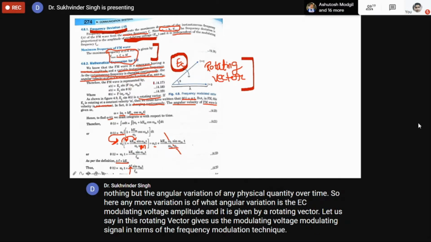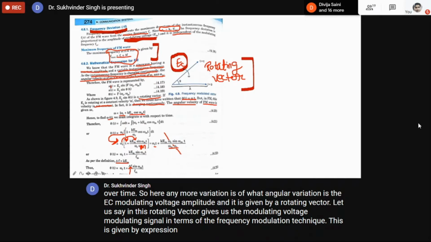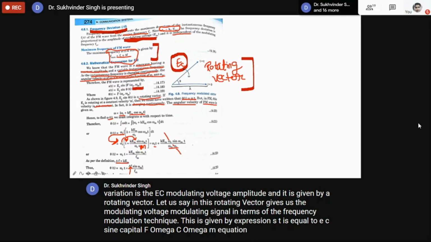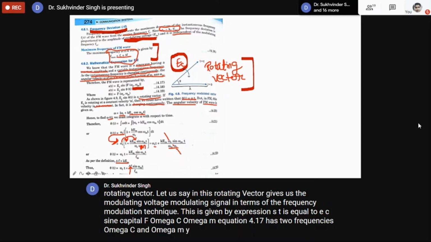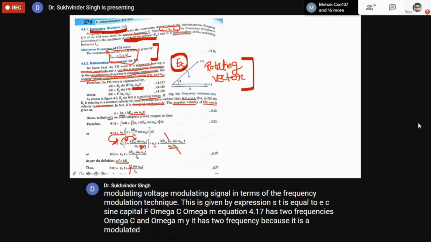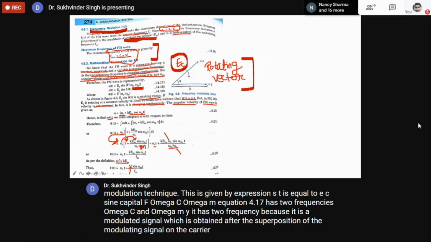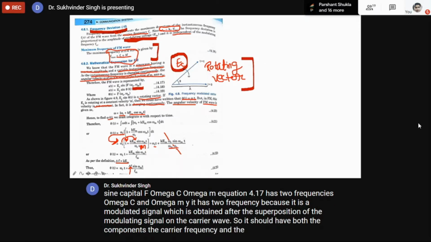This is given by the expression s(t) = Ec sin(omega_c t + ... omega_m t), equation 4.17. It has two frequencies, omega c and omega m. Why does it have two frequencies? Because it is a modulated signal obtained after the superposition of the modulating signal on the carrier wave, so it should have both the carrier frequency and the modulating frequency.